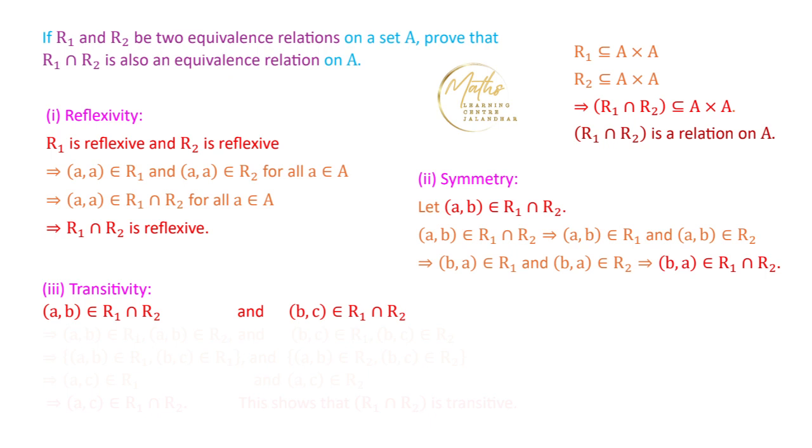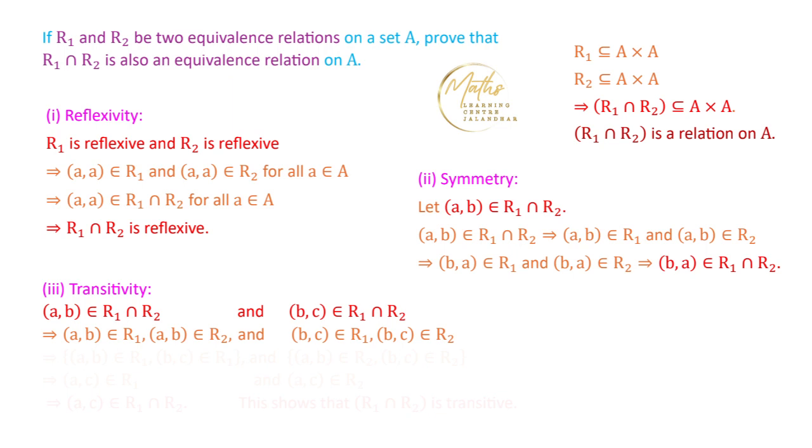Now from the first condition, we get that (a, b) belongs to R1 and (a, b) belongs to R2, because this ordered pair (a, b) belongs to R1 intersection R2. It means it belongs to R1 and it also belongs to R2. Similarly, (b, c) belongs to R1 and (b, c) belongs to R2.